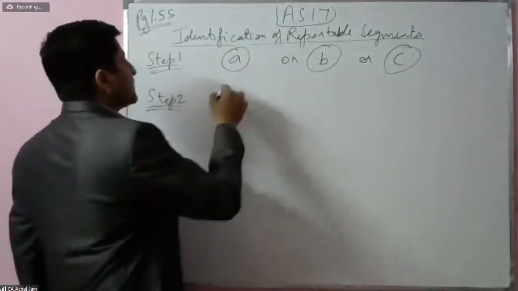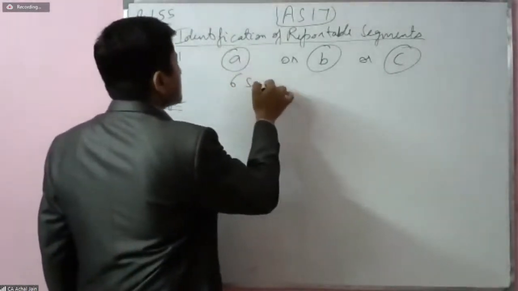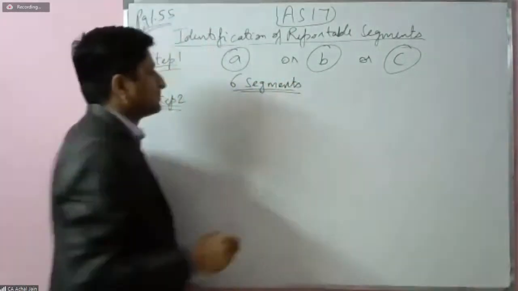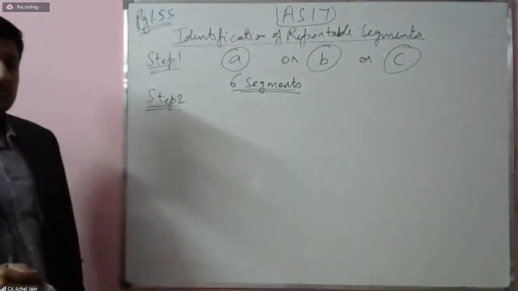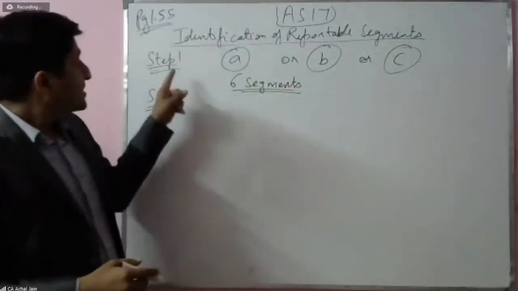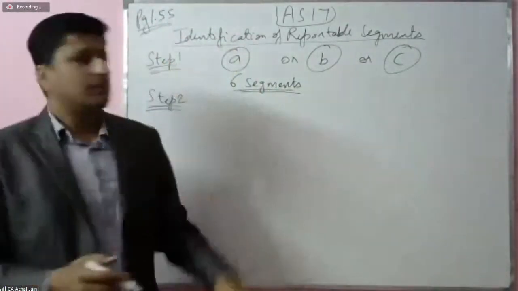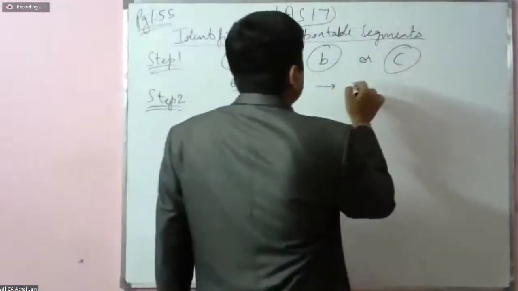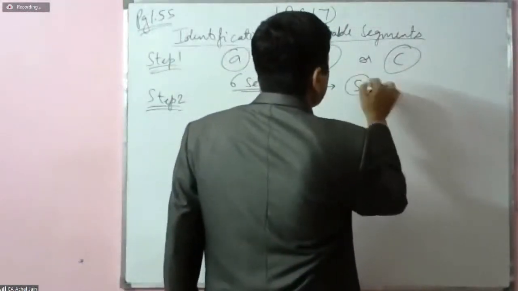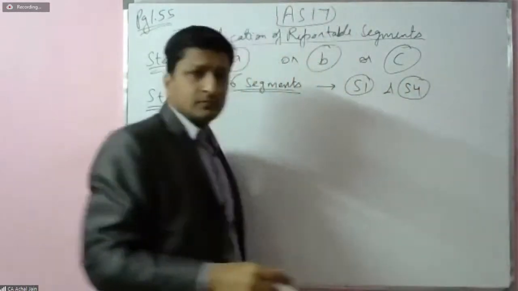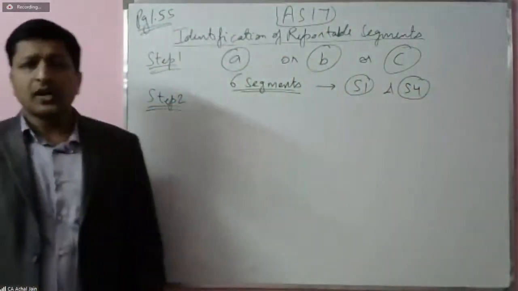So out of 6 segments, let's suppose this step 1 has given 2 segments as reportable. It says S1 and S4 are reportable. Okay.